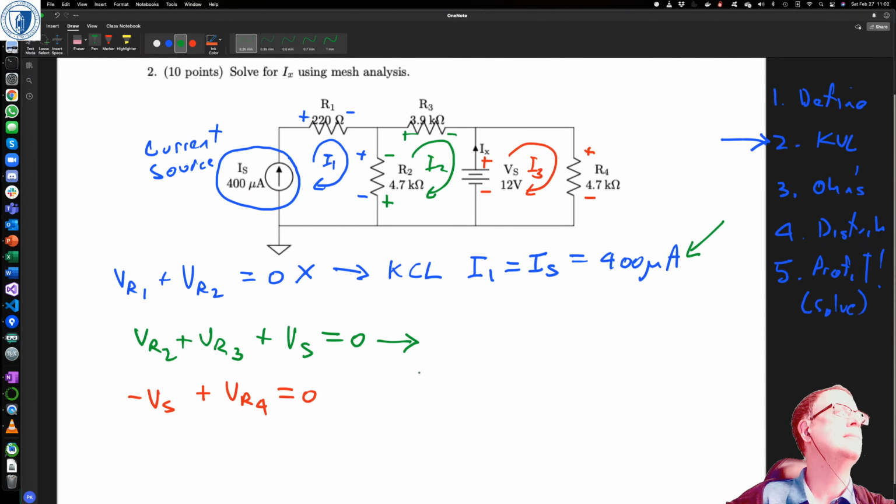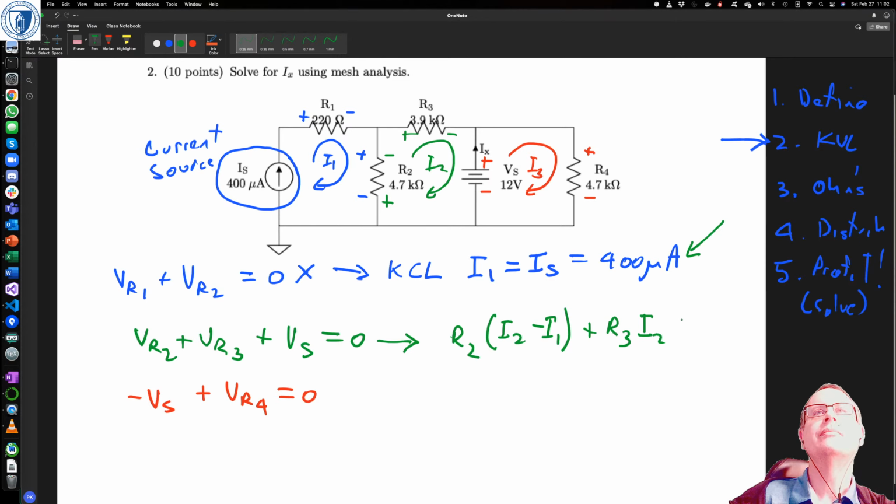So that one could be R2 times I2 minus I1, plus R3 I2 plus 12 equals to 0.